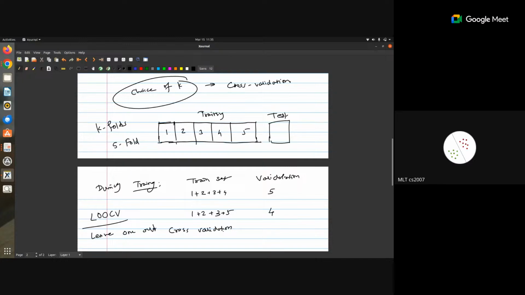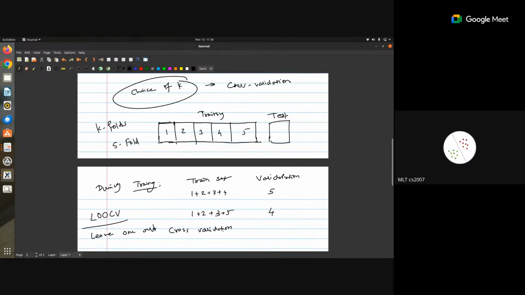Here, if you have 1000 data points, you divided them into 5 folds, like 200 in each fold, and then you shuffle all these data points, and you make one set the test set or validation set, and the others the training set, and you try to find out the errors in the predictions.